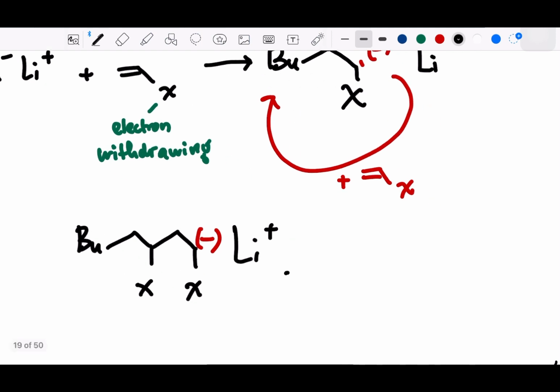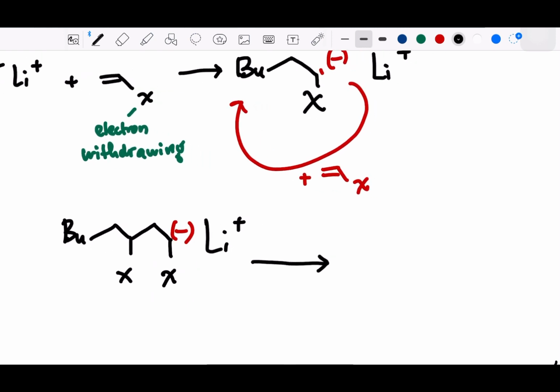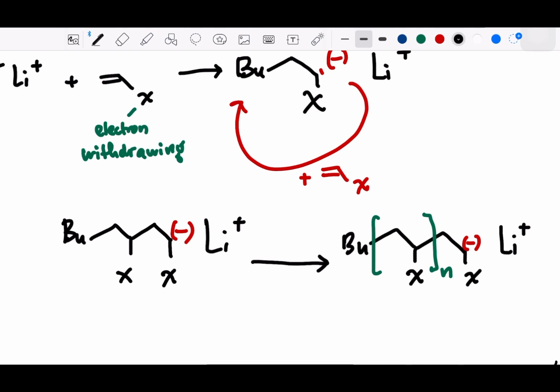And perhaps more and more monomers react, and then we can have some n repeat units, and this still has the active center, and then we have the lithium.